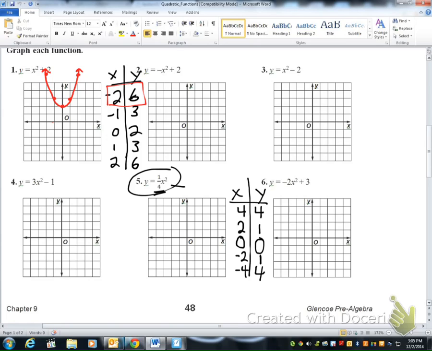So then graphing this, now this one you can see none of my values are any higher than 5. So this is a good one to go by ones because everything shows up nicely on the graph that way. So I'm going to graph 0, 0. So that's going to be right there in the origin. I can graph 2, 1 and negative 2, 1, and then 4, 4, and negative 4, 4.